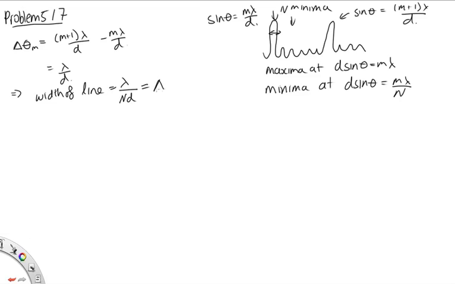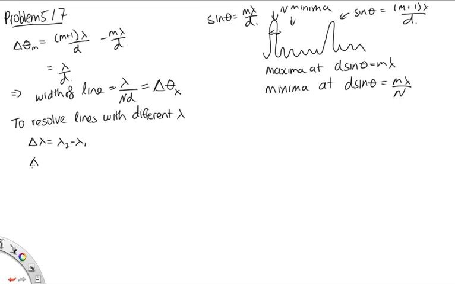Let's call that delta theta lambda. So that's the width here. Now what we're trying to do is to consider lines with different lambdas, different wavelengths, and work out what's the smallest lambda difference that we can have to resolve them. So to resolve lines with different lambdas, we can use that the wavelength difference is equal to lambda 2 minus lambda 1.